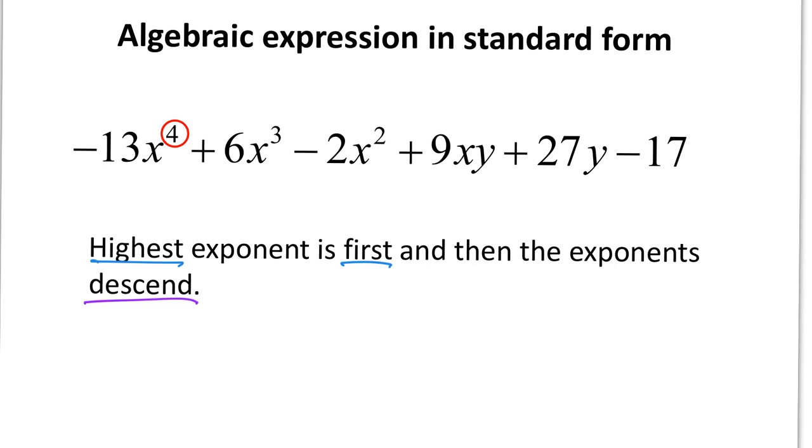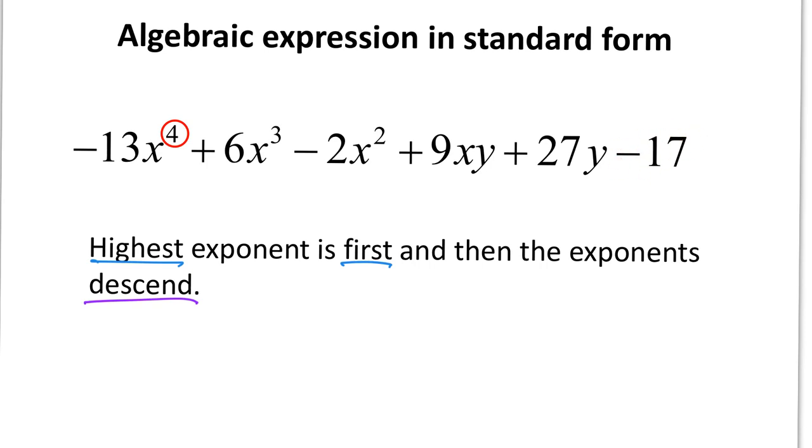Sometimes you don't have an exponent of 4. The highest exponent is 3, so that's where you start. Sometimes the highest exponent is 7, so you start with 7, and then 6, 5, 4, 3, 2, 1, and the last one is a constant. Sometimes you don't have a constant. You don't really need a constant for every algebraic expression.